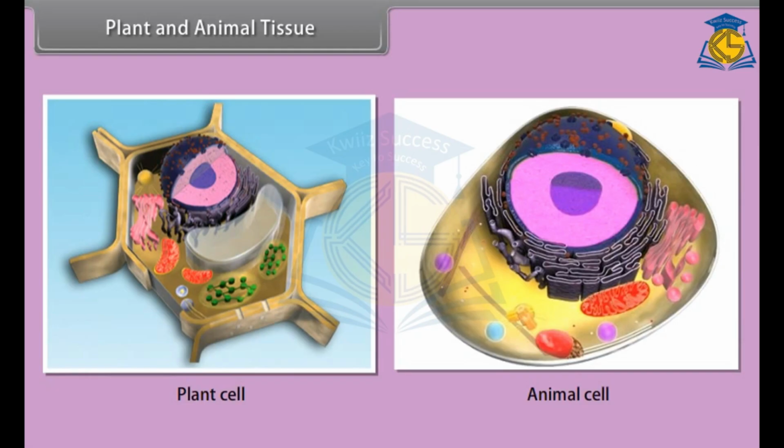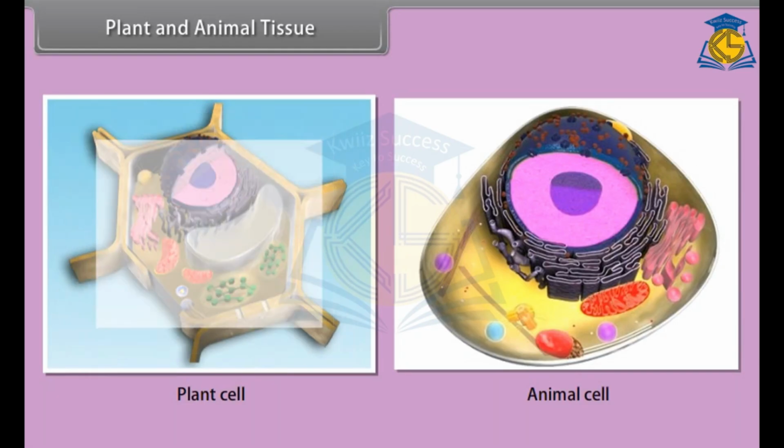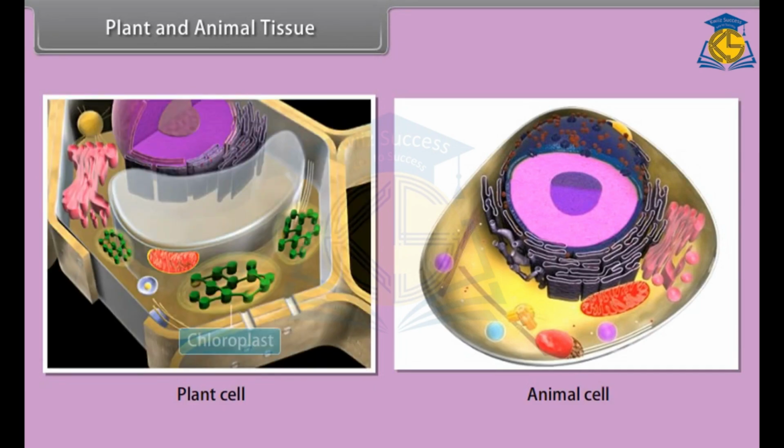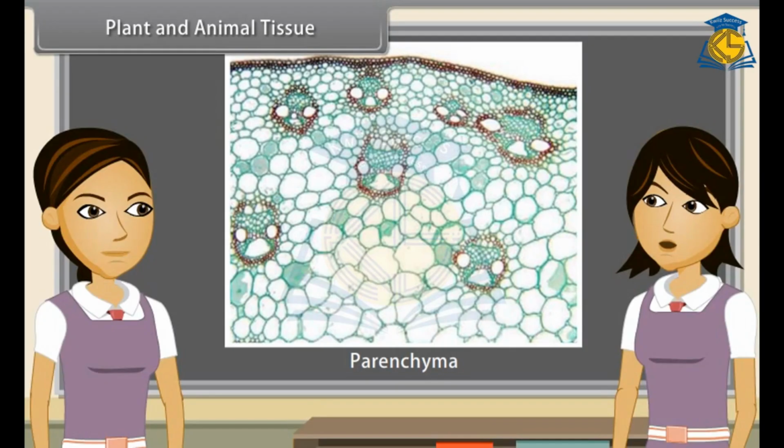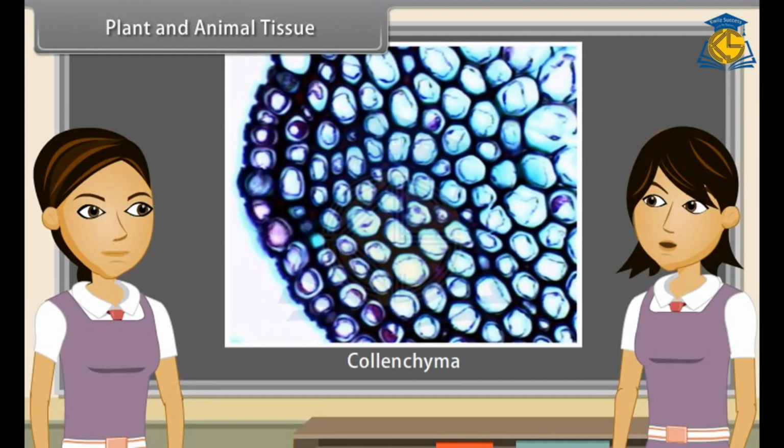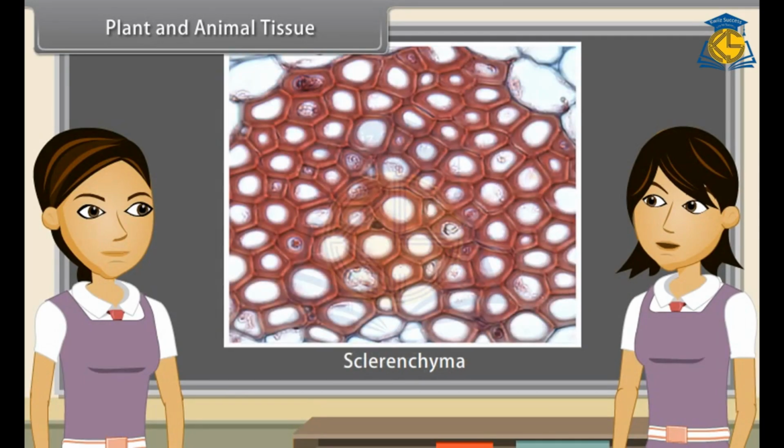That is, they can make their own food in presence of sunlight, carbon dioxide and water with help of chloroplasts. They are fixed at one place. So the tissues in plants are mainly of such types which give them strength. Some of them are also dead tissues which give mechanical strength.